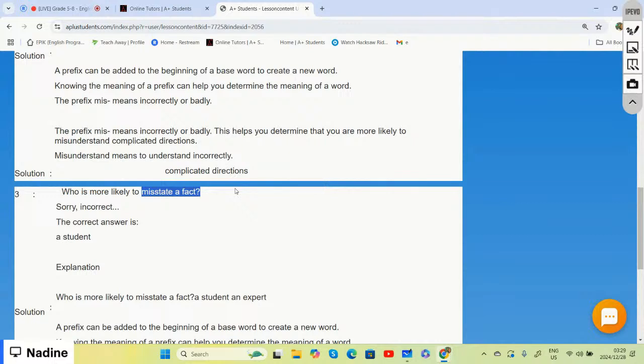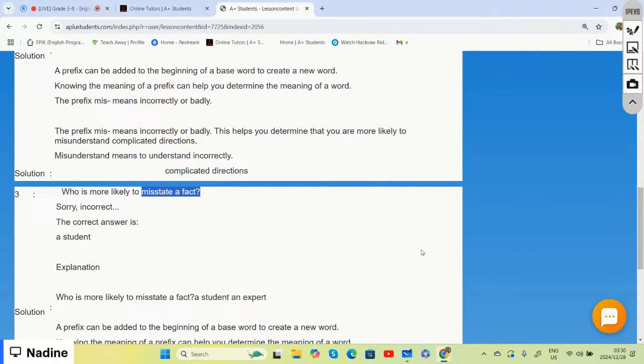And someone who is more likely to misstate a fact, is it a student or an expert?